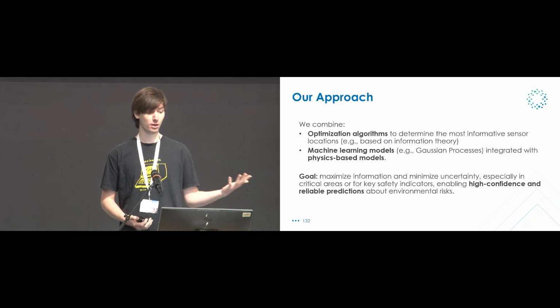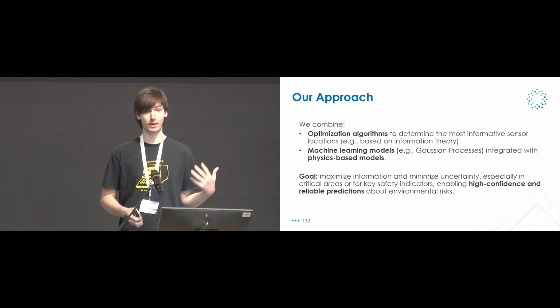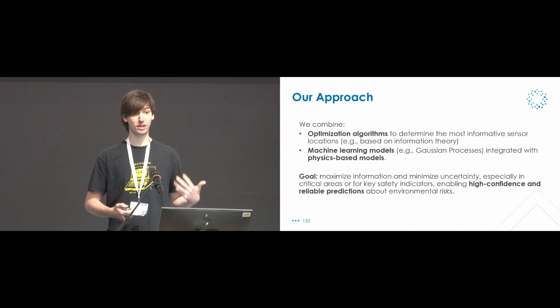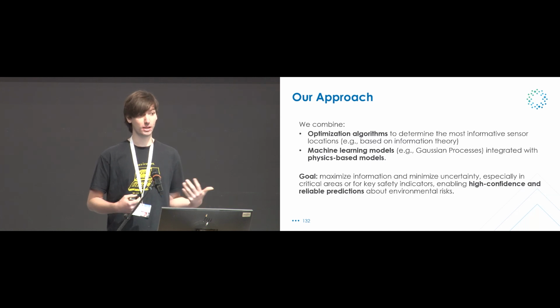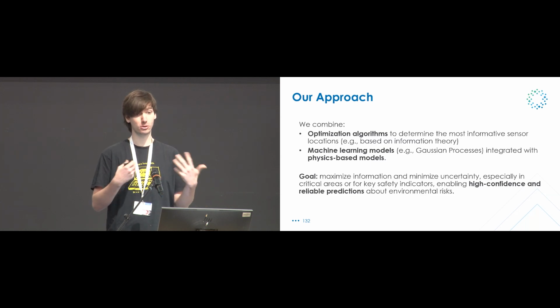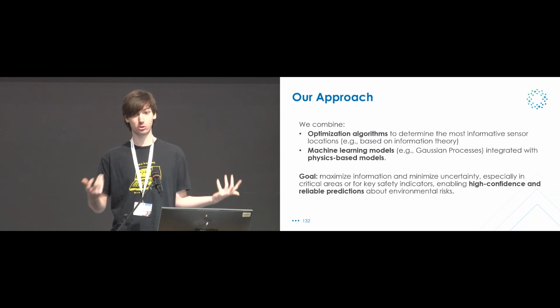And so our approach is based on two things. First of all is an optimization algorithm that will determine the places where we need to place sensors, and for this we will use information theory, especially entropy or mutual information, to know which place gives us the most information, and so we know that the information that we will have will be good, and so the extrapolation that we will do will normally also be good.